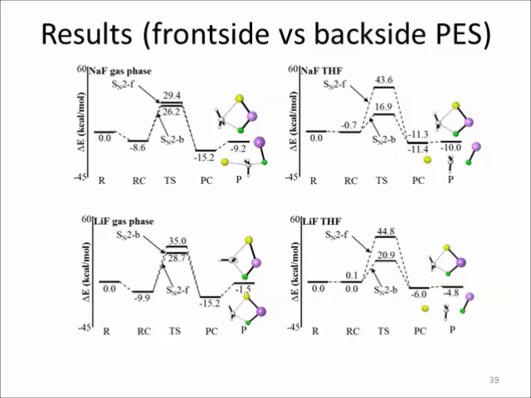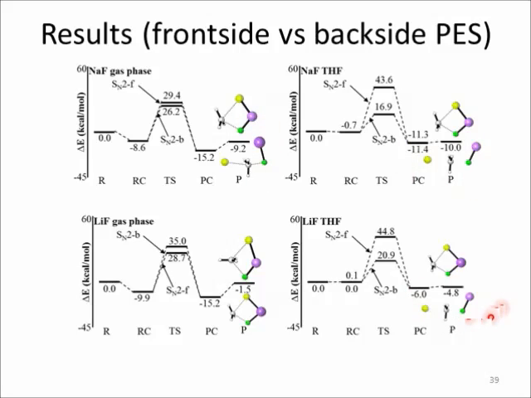We also find that the energetic barriers in THF are usually higher than in gas phase, except for NaF and LiF in the backside, which are lower than in the gas phase. The questions which arise: why is the formation of a cyclic TS in the backside reaction not possible for these three systems?